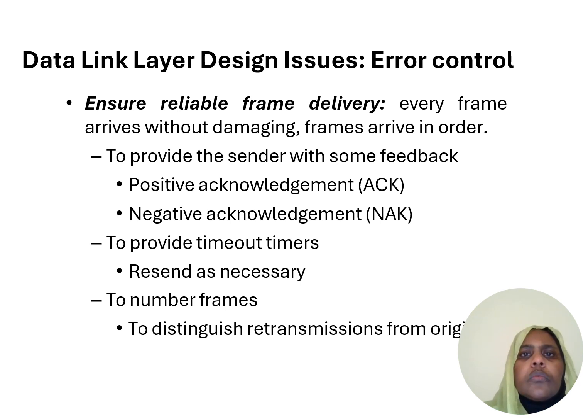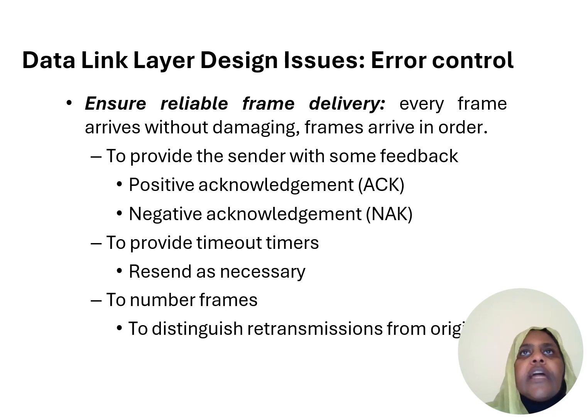The other issue in designing a data link layer is error control. The data link layer has to ensure reliable frame delivery. Every frame should reach the destination free of error and in order.